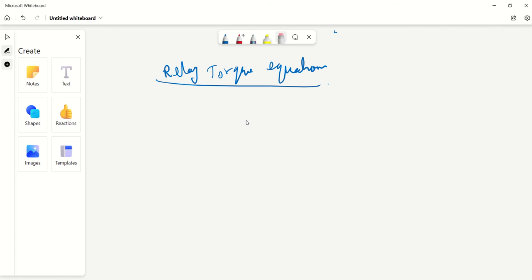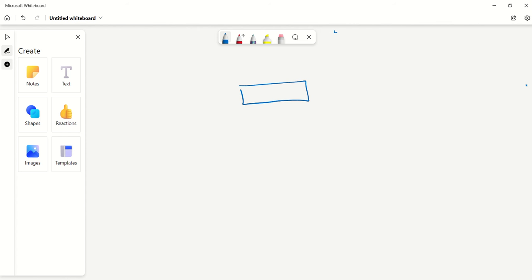We have already seen the basic thing in this section, all about electromagnetic relays. Suppose you have some electromagnetic operation, we are going to pass the current.